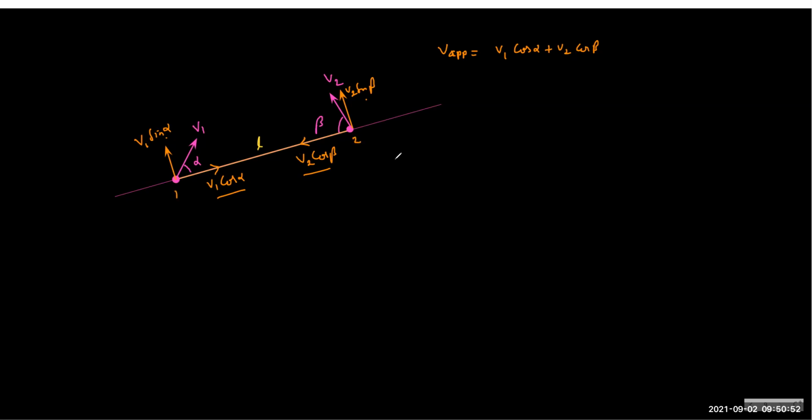So if you know the two particles, then the velocity of approach we can also define as the relative velocity in the direction of the line joining the particles. So that's simple.